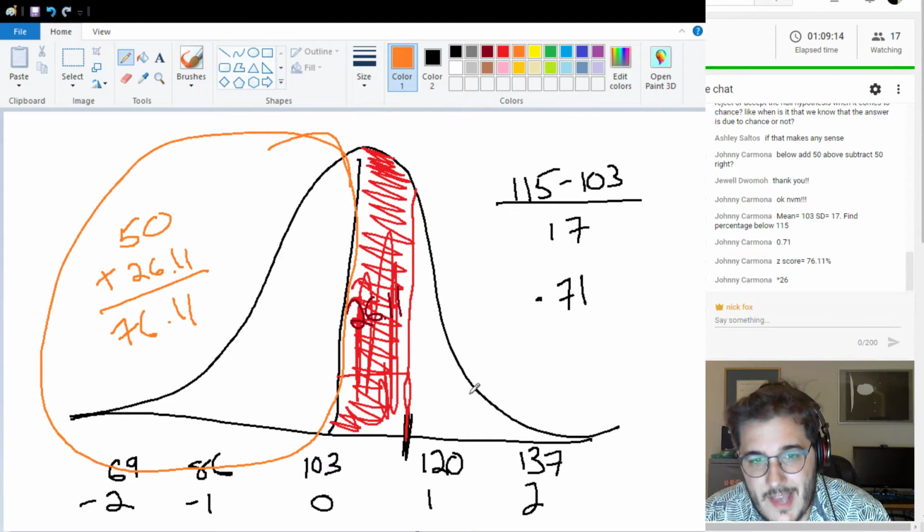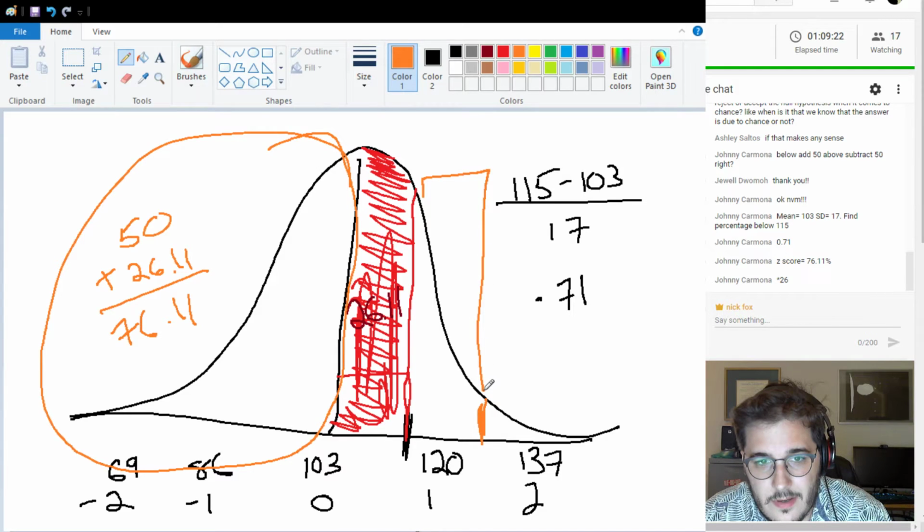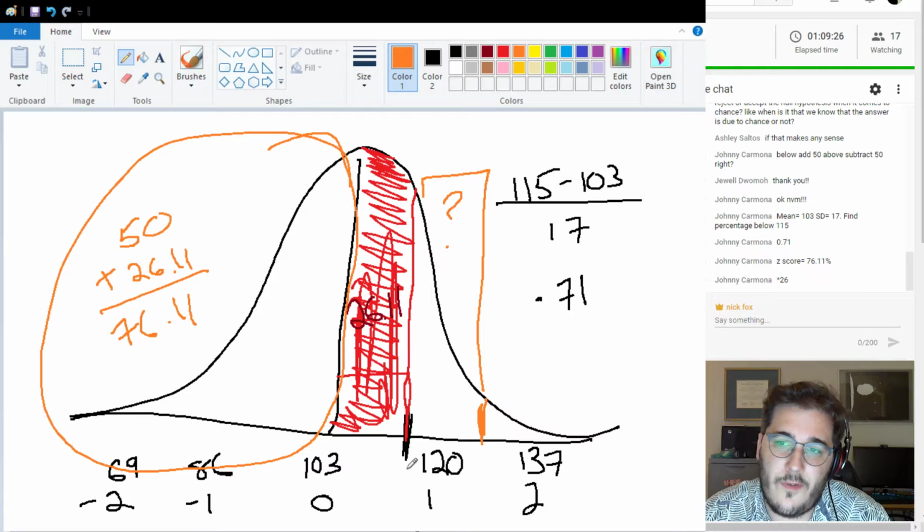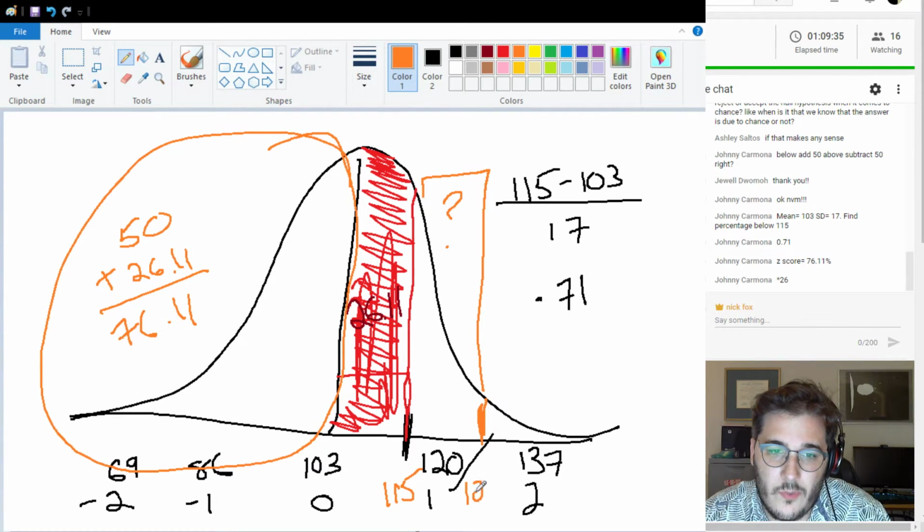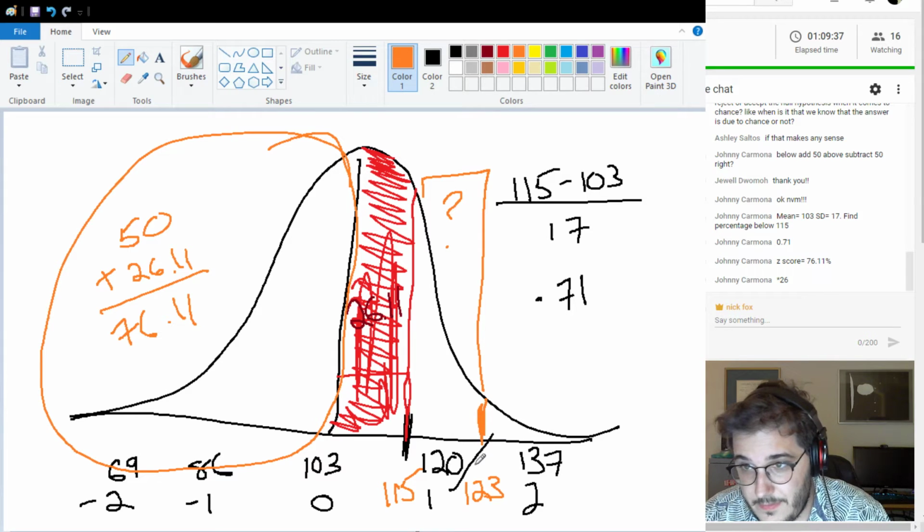But let's say, just for funsies, the question really asked you for this amount: what percentage of scores fall between 115 and, let's say, 123. Now it's something totally different.